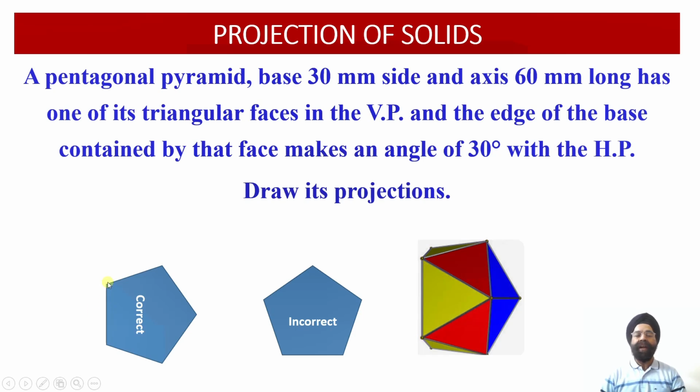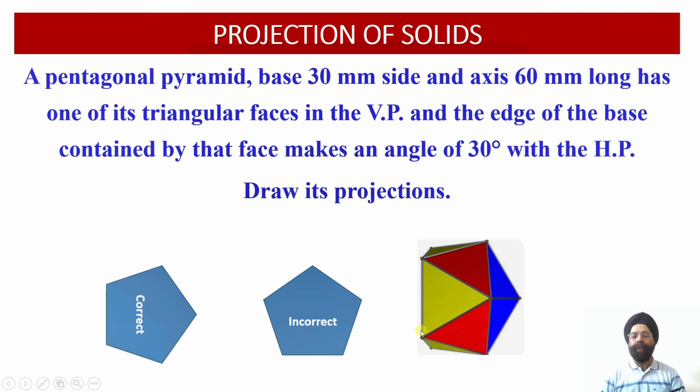Once we have one of the edges of this pentagonal pyramid perpendicular to the horizontal plane, this orientation will be good enough to satisfy the condition of one of the triangular faces being contained by the vertical plane. And now, once we rotate this pentagonal pyramid through its apex such that its triangular face is contained by the vertical plane, then in the second iteration we are provided with the information about the edge of the base, that is this edge of the base.